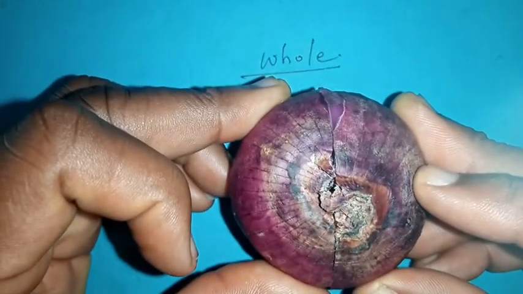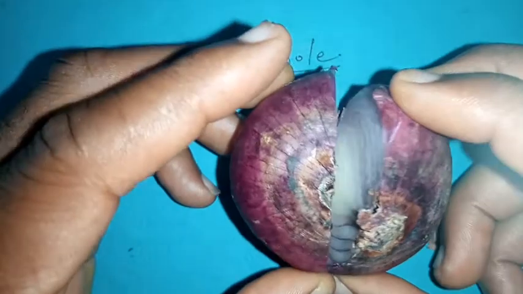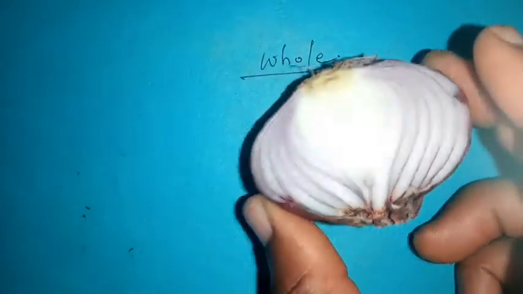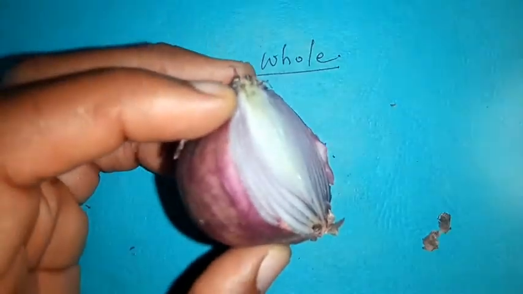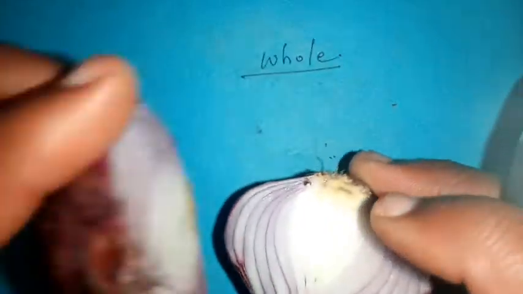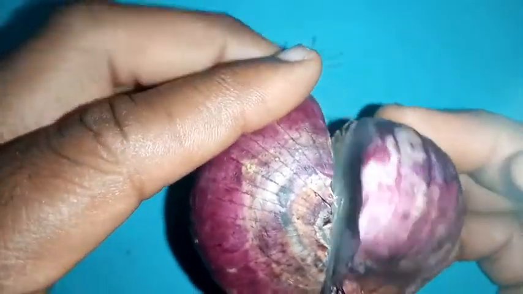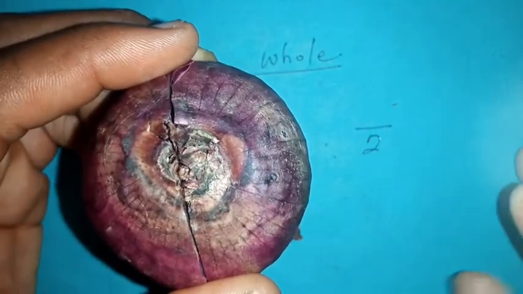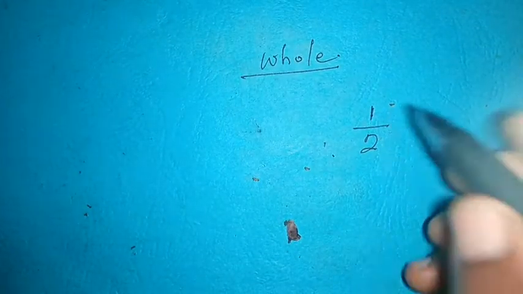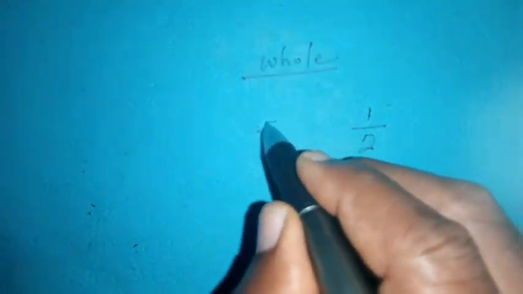Now that I have cut it into 2, the total parts include 2. Because they are now 2, the denominator is going to be 2, so I'm going to have over 2. If I should talk about 1, then 1 over 2 is the fraction.